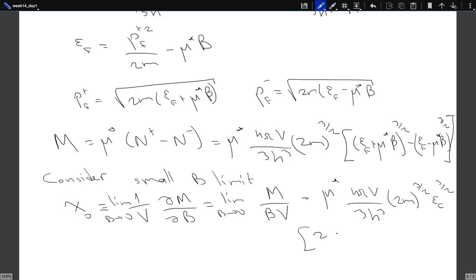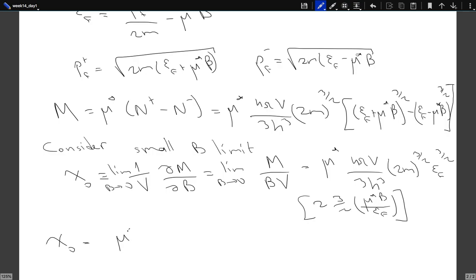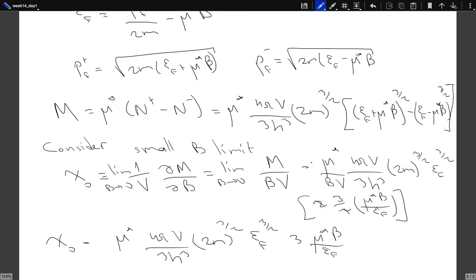So we get 2 times 3 halves mu star b over epsilon F. And the zero temperature magnetic susceptibility is mu star 4 pi V over 3h cubed, 2m to the power 3 halves, epsilon Fermi to the power 3 halves times 3 mu star b over epsilon Fermi. No, sorry, we divide by dB anyway. V is cancelled, this b is cancelled. So epsilon F to the power 1 half times 3 mu star. This 3 also cancels this 3 over there. So this is what we have for the magnetization.